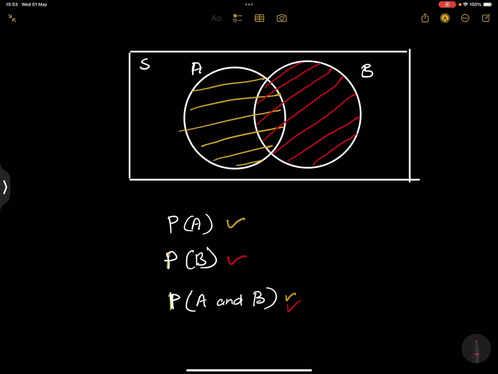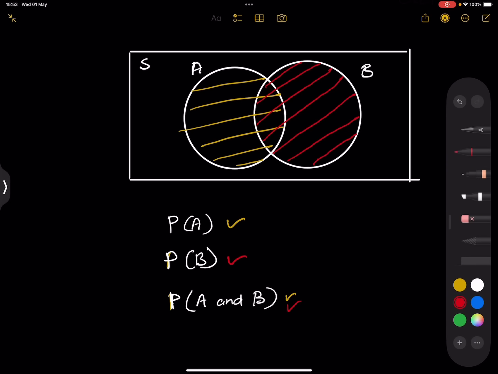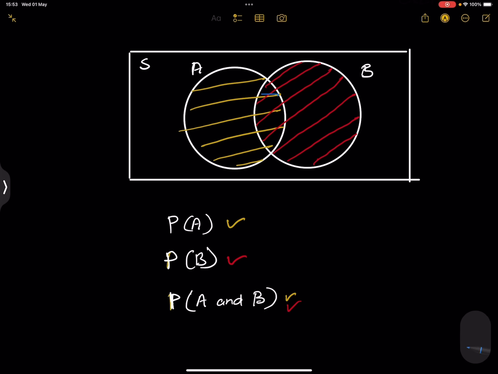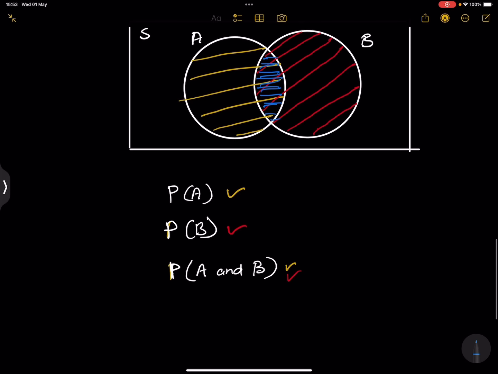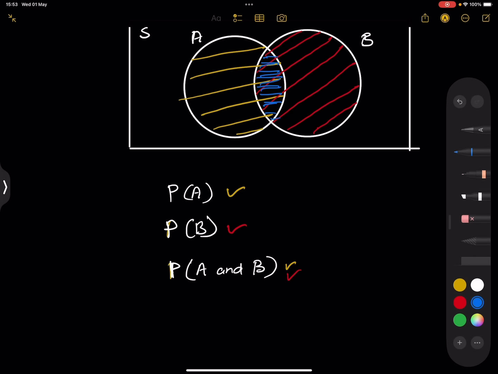I'll indicate it with the blue color there, in between those two over there. So ladies and gents, when we talk about the probability of A and B, it would be the intersection over there.